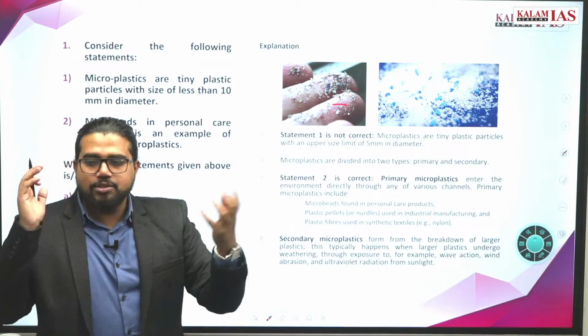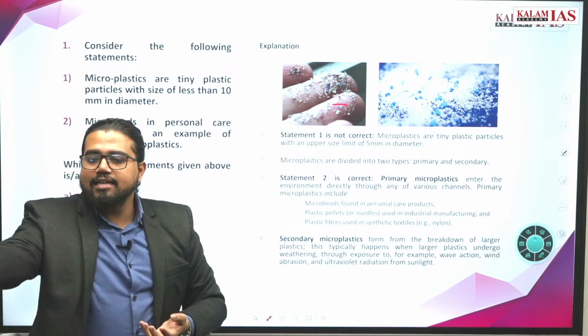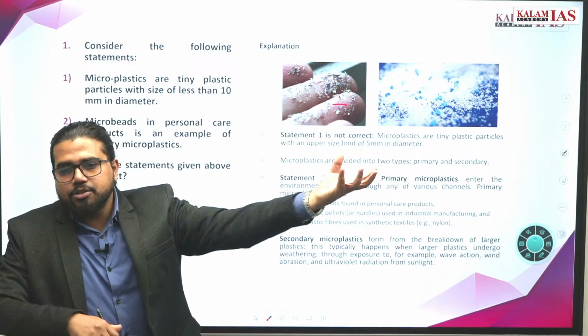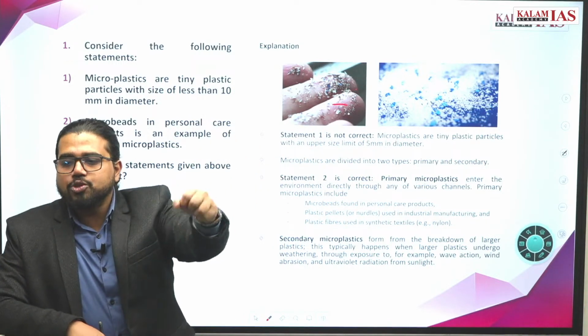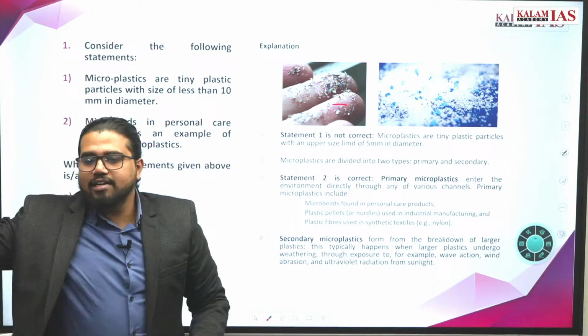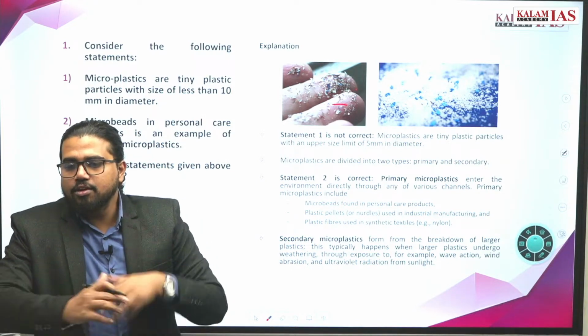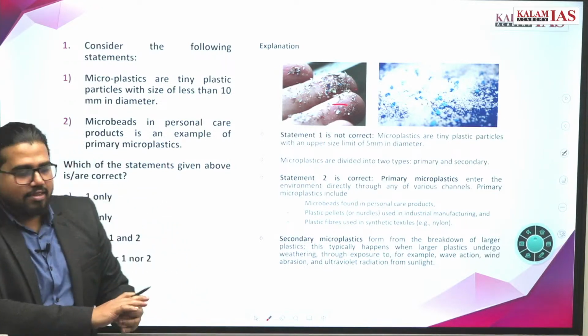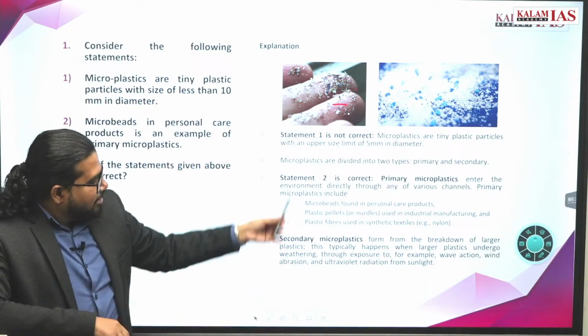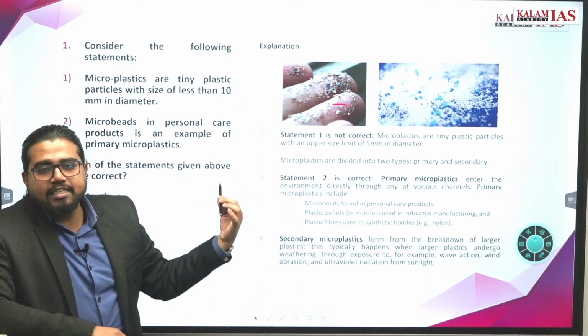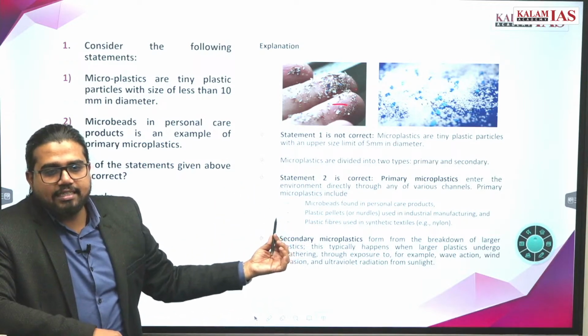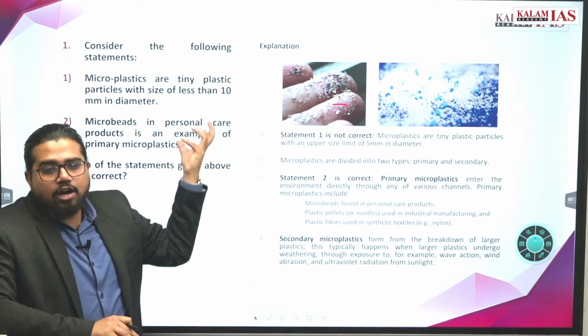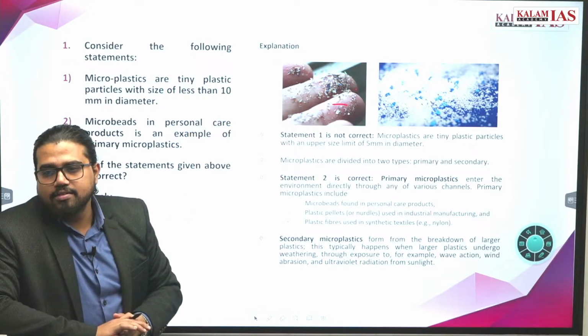People use sunscreen and all these, they get entered into the oceans. Once it enters the ocean, some plants will absorb it, some fishes will absorb it, then it will enter into our food chain. Then the whole ecosystem gets polluted. Okay, go ahead. Other details you can go through in the explanation provided to you, basic details. But what you have to take away is how we are approaching the question.